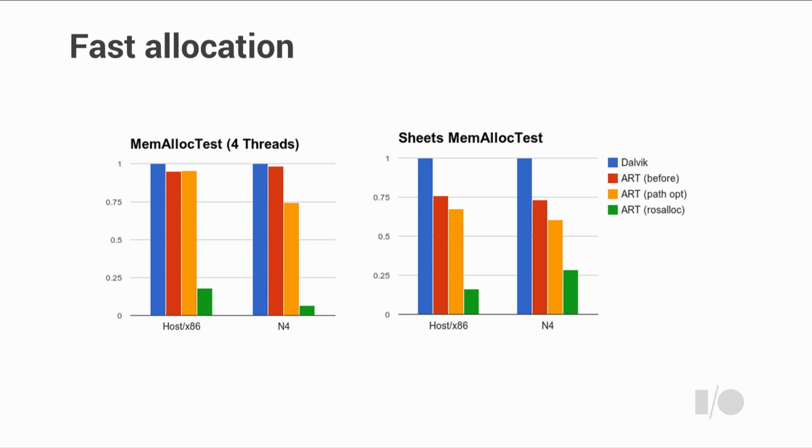So the next thing that we did was something that we'd wanted to do for a long time, and we implemented our own memory allocator. Dalvik and ART in KitKat are based on top of Doug Lea's memory allocator, which is the common one used in Unixes and so on. This supports malloc and free, but it's not really tuned for Java, and it's not really tuned for a multi-threaded environment.